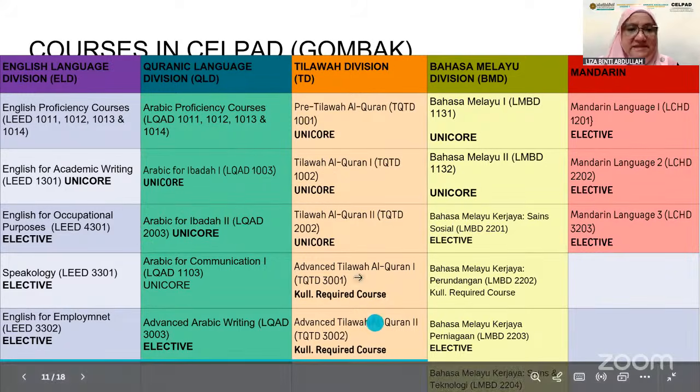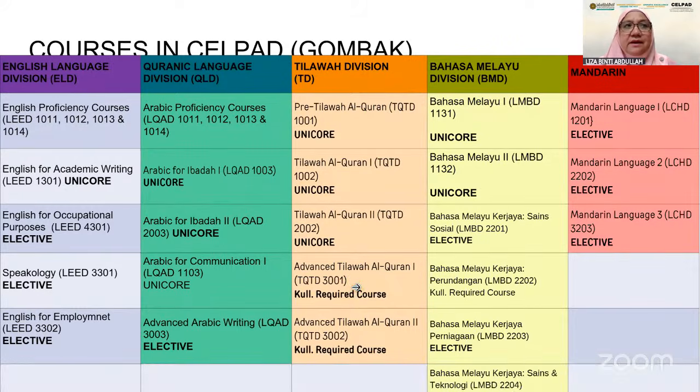Let me give one example. If I am an engineering student, I'm not Arabic based. So you have to do EPC, but for Arabic, you either start with Arabic for Ibadah 1 or Arabic for Ibadah 2, or you are exempted.